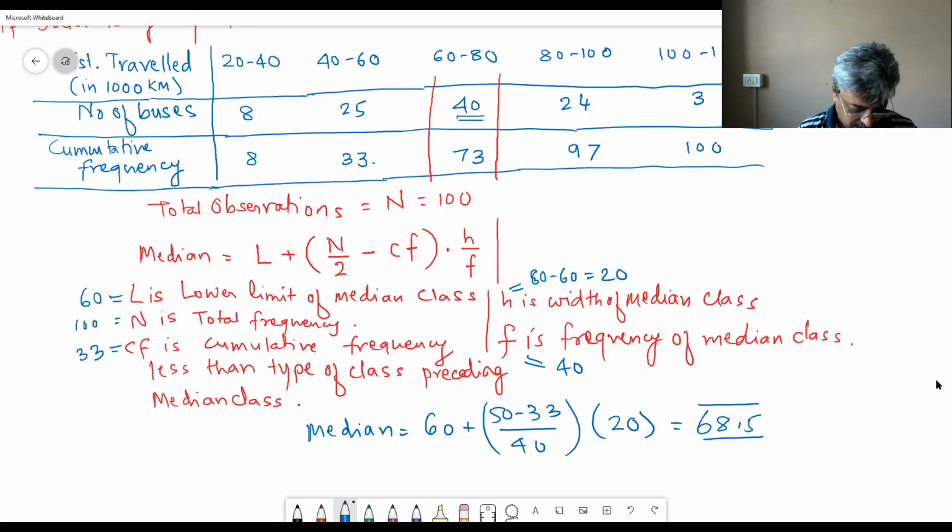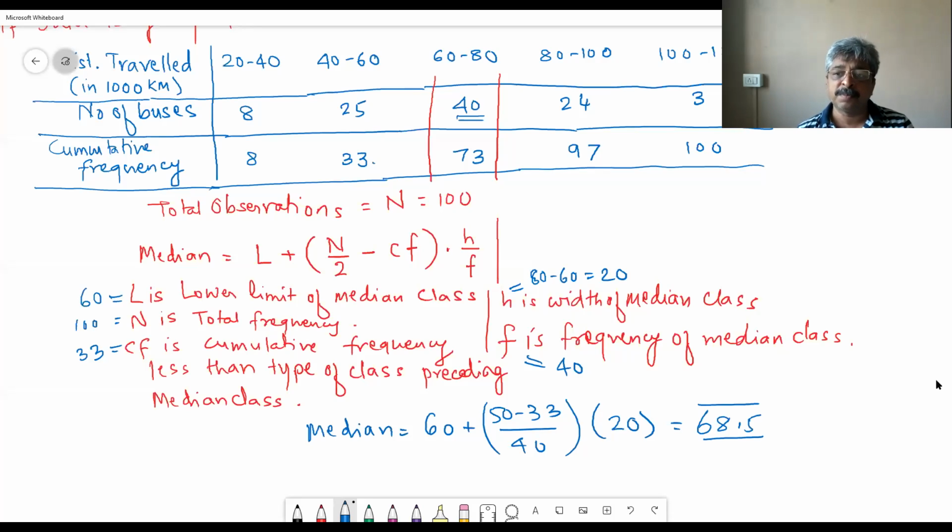Well, the median of this grouped data is 68.5. What does it mean? It means that 50% of the buses have traveled less than 68.5 thousand kilometers, and 50% of the buses have traveled more than 68.5 thousand kilometers.